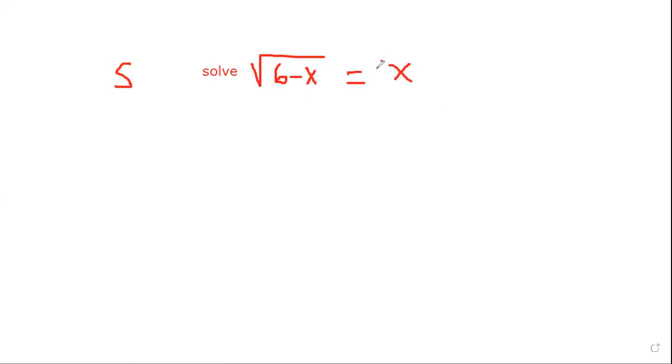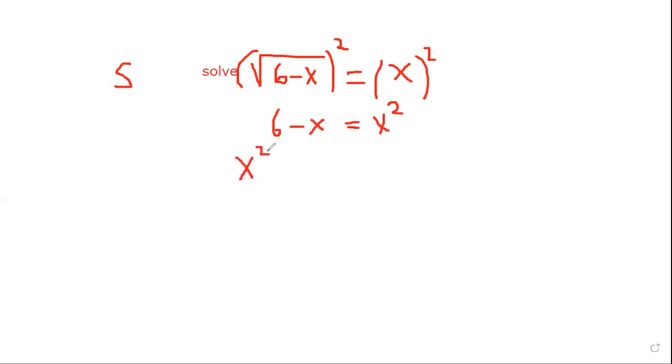So we will make both sides to the power of 2. Then it will be 6 minus x equal x to the power of 2. It's an equation, so we have to transfer everything to one side to make it a trinomial expression.